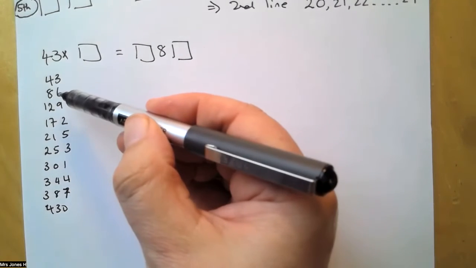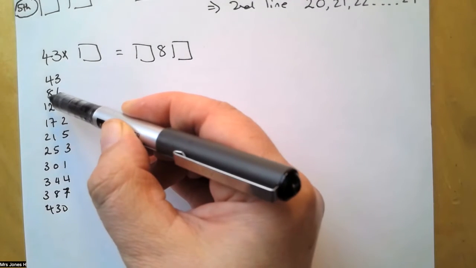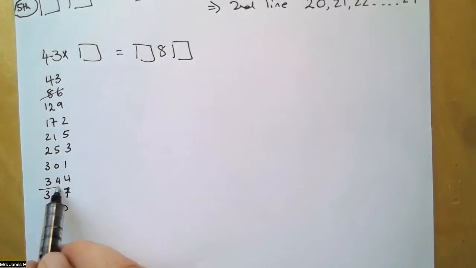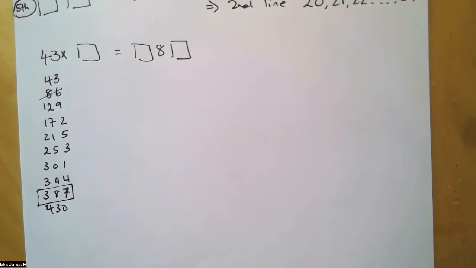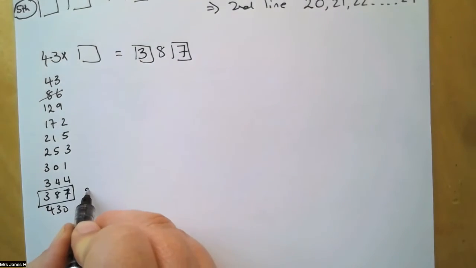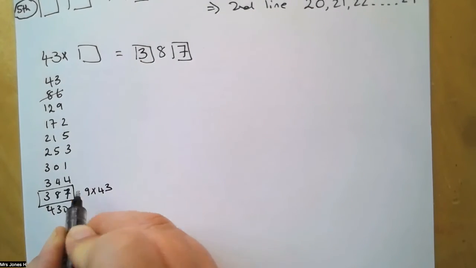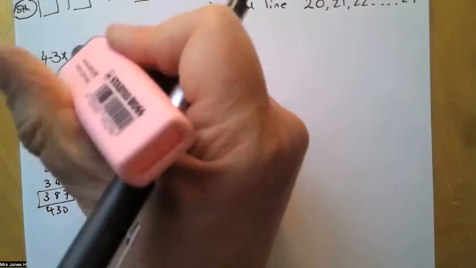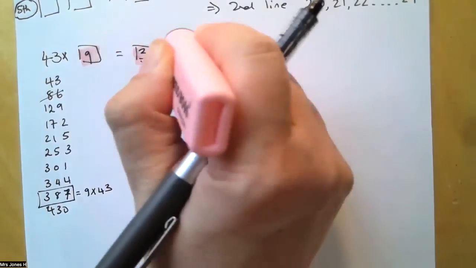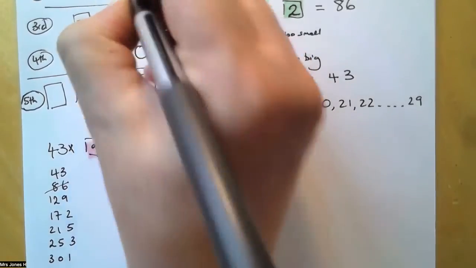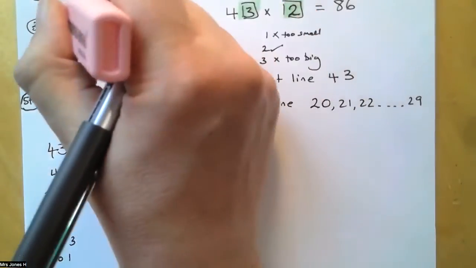And in fact, although there is an 8 in the tens digit here, it's not a 3-digit number, so this one doesn't count. So we're actually looking at 387 here. So this one has to be 387, and this one is 9 times 43. Therefore, this one has to be a 9. So this is going to be 387, and this one is going to be a 9.